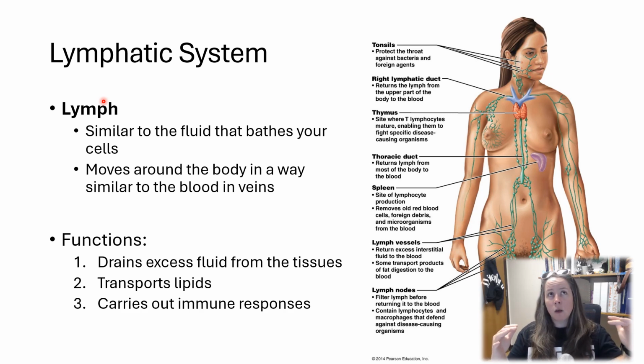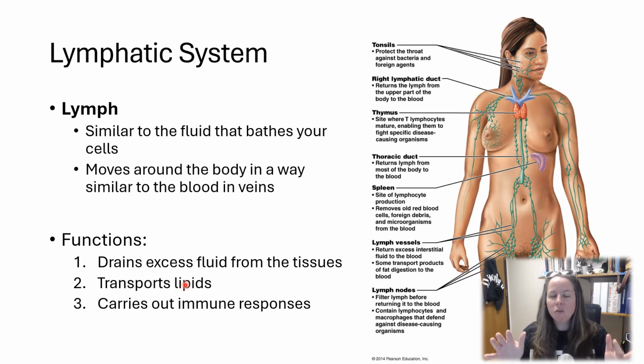Remember, as the blood goes through your capillary bed, it's going to push the fluid and nutrients into the tissues, and it's going to draw most of that back in, but not all of it. So part of the job of the lymphatic system is to return that excess fluid. It's also important in transporting fats or lipids, and we'll get into all of that when we hit our digestive system.